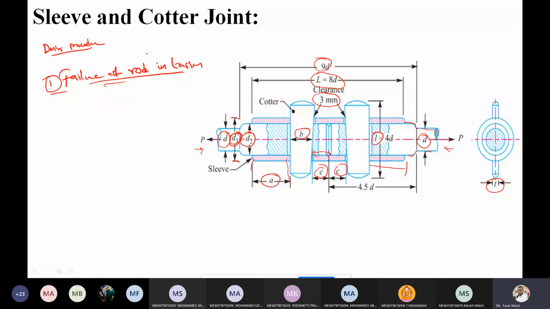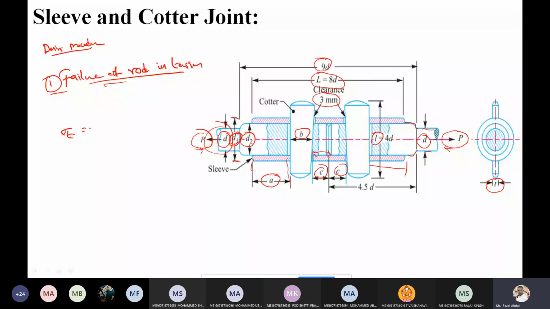So see here how I am generating the equation. Failure of the rod in tension means this rod is going to fail because of the tensile load application. Because of the tensile load, the failure is generating. What type of failure? Tensile failure. What respective stress? Tensile stress.